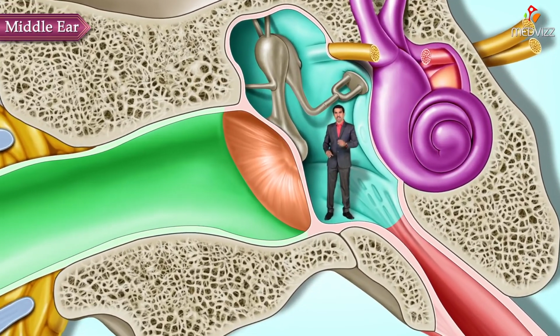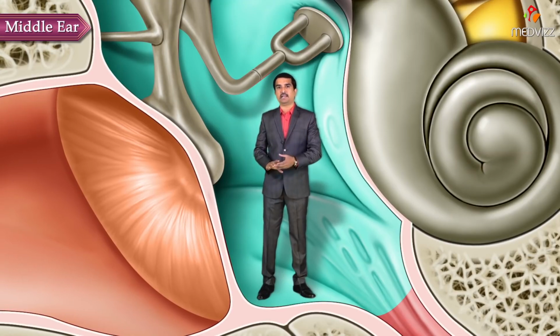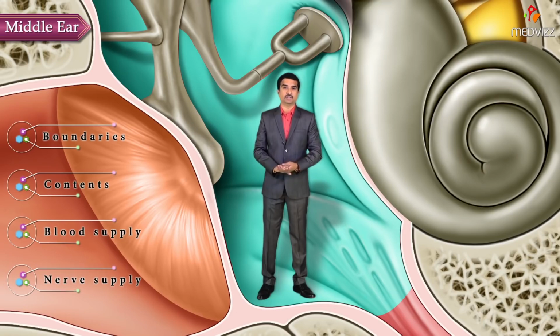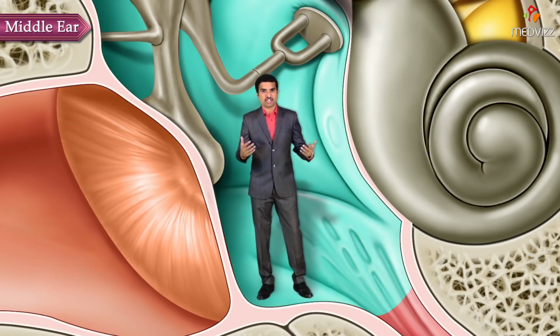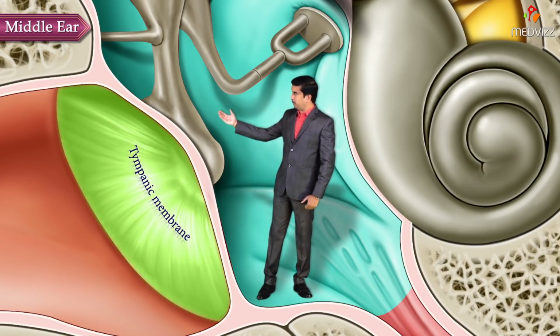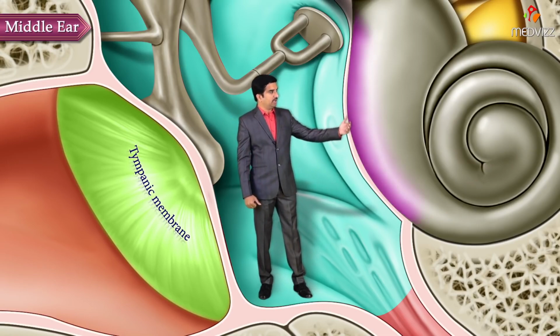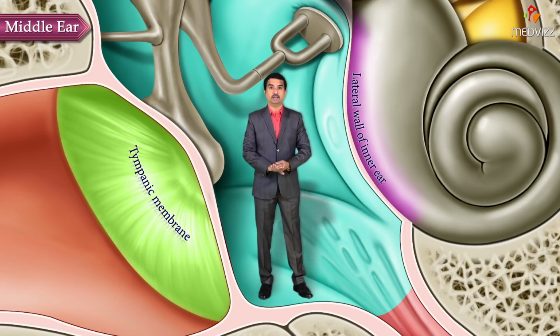So this video is going to focus especially on the anatomical aspects of the middle ear, where we are going to discuss their boundaries, contents, as well as the blood supply and the nerve supply of the middle ear. The middle ear extends from the tympanic membrane, because the tympanic membrane is the lateral structure of the middle ear, and it extends towards the lateral wall of the inner ear.